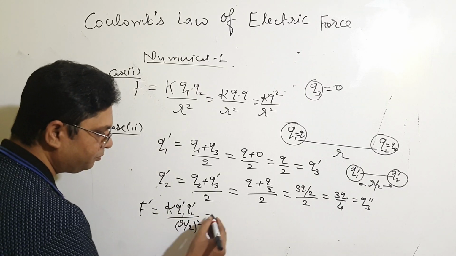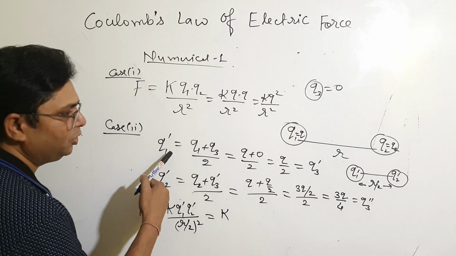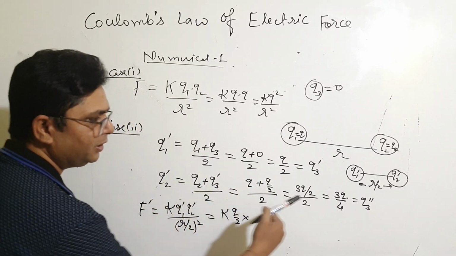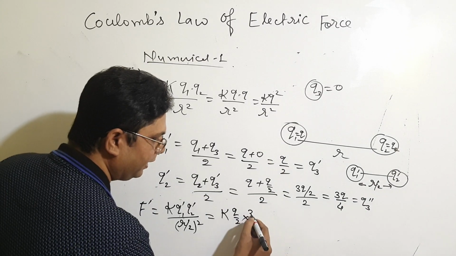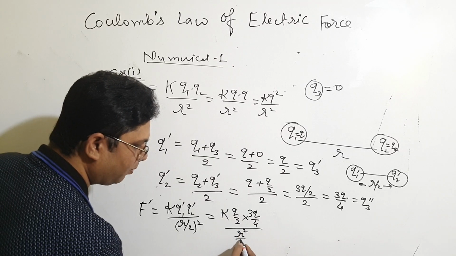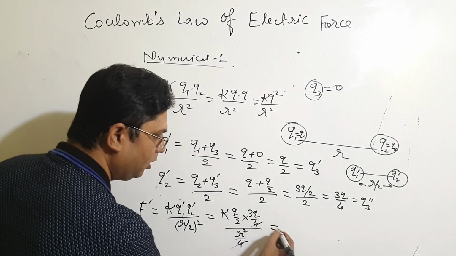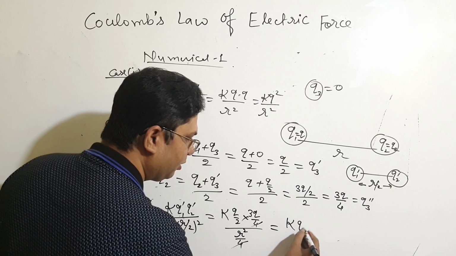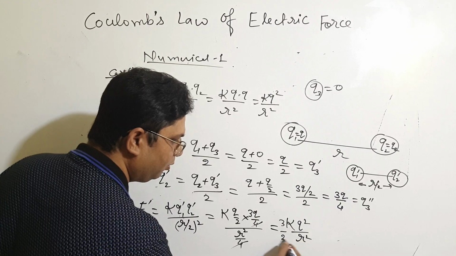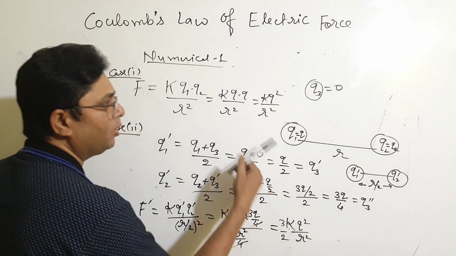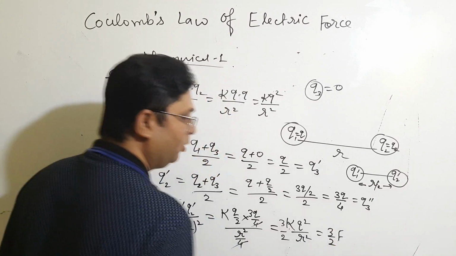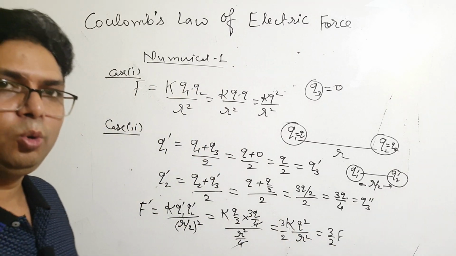So you have K, Q1 dash is Q by 2, put here Q by 2, Q2 dash is 3Q by 4, write here 3Q by 4, and here this becomes R square upon 4. This 4 will cancel out. So you have K Q square upon R square, and here you have 3 upon 2. This K Q square upon R square is F. So this is equal to 3 by 2 F. So the new force becomes 3 by 2 F.